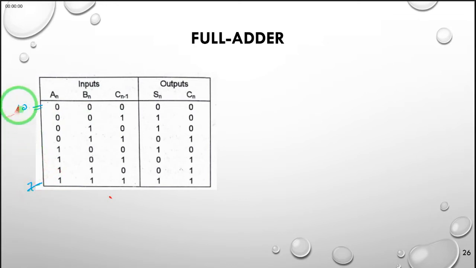So there are 8 possible combinations of our 3 inputs because we are including a carry. Then we have our sum and our carry bit. Simply, if we do this addition of 0 plus 0 plus carry, the sum is what we get after we add 1 plus 1 plus 1.